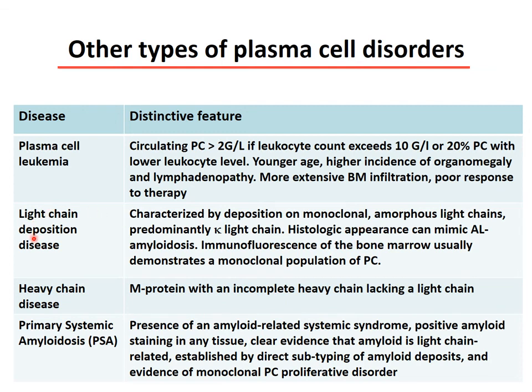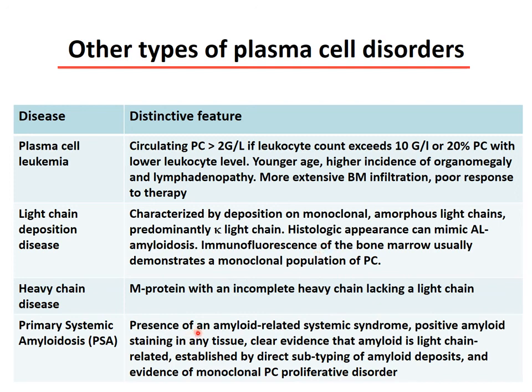Light chain deposition, when we have predominantly kappa, but light chain immunoglobulin could be diagnosed as well. And immunofluorescence relatively does not show any monoclonality of the plasma cells.